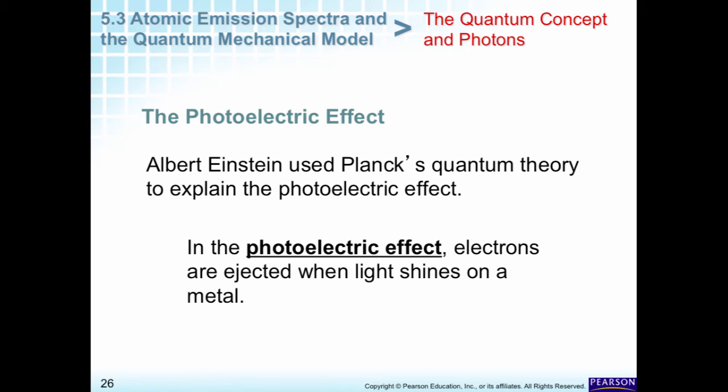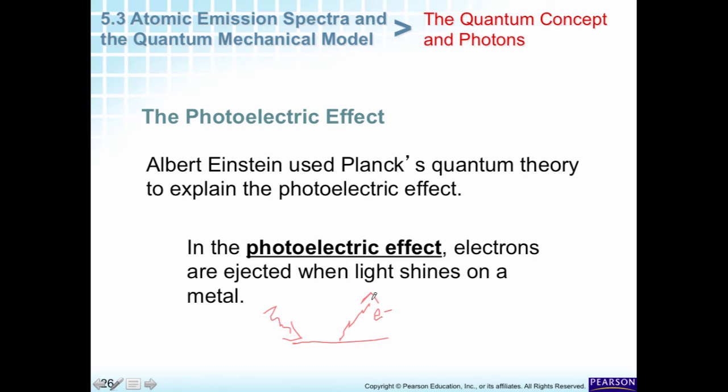A photoelectric effect means that if I shine a light on a piece of metal, so here's some light, here's some metal, some electrons will start being pushed off the metal because the light gives enough energy to whoosh those electrons away.